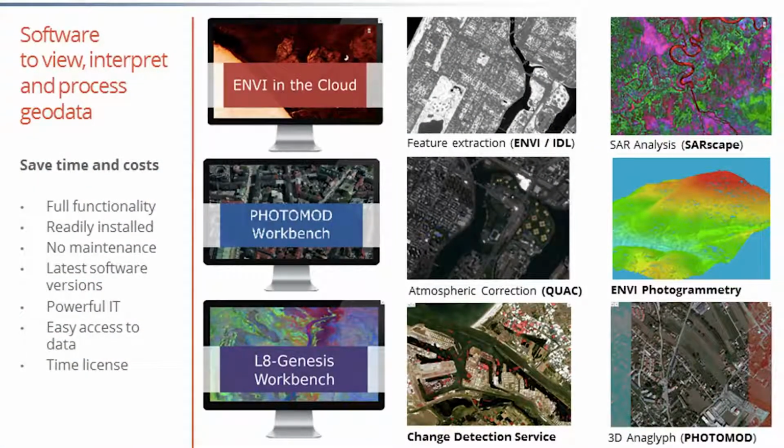But definitely with ENVI in the cloud on our virtual desktops, together with Starscape, which is now available underneath, photogrammetry from Spacemetric, QUAC from Spectral Sciences, and also from a different provider, Photomod, for doing 3D anaglyph, or services like change detection service, and very proud to also say LA Genesis Workbench now, which builds upon ENVI again. I think we have a good stack of software already there.